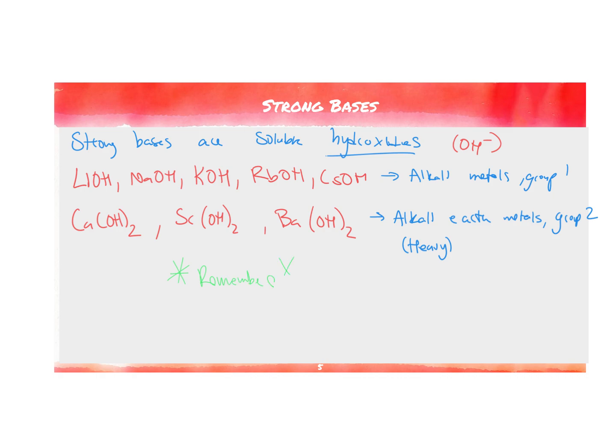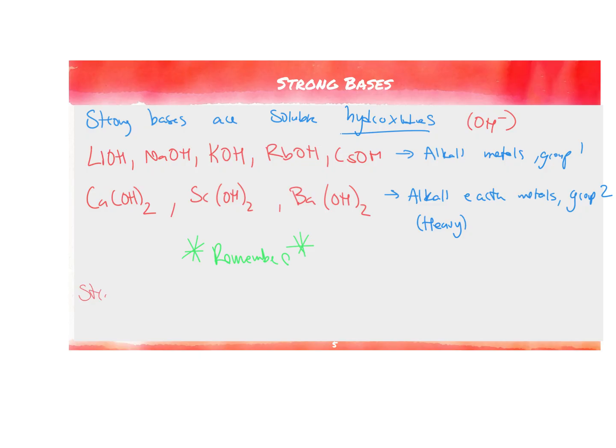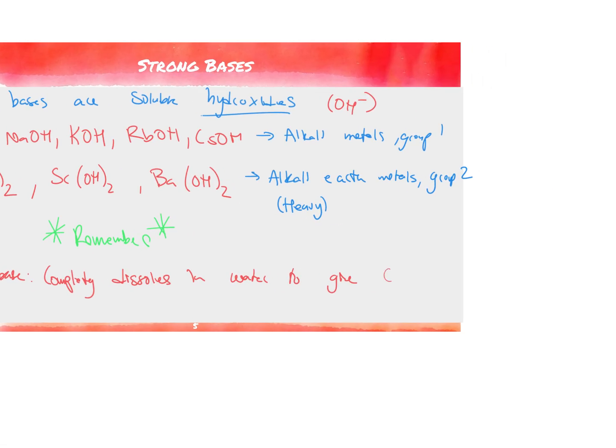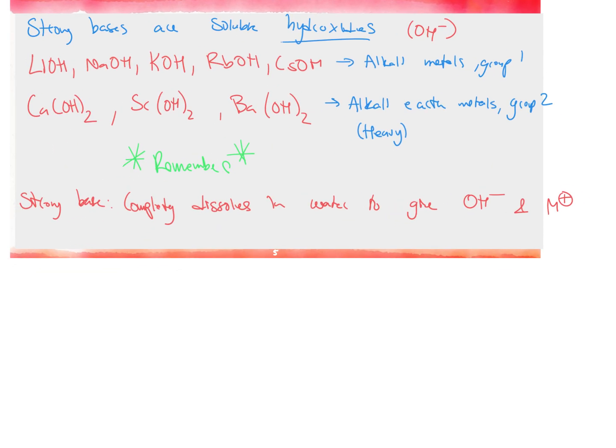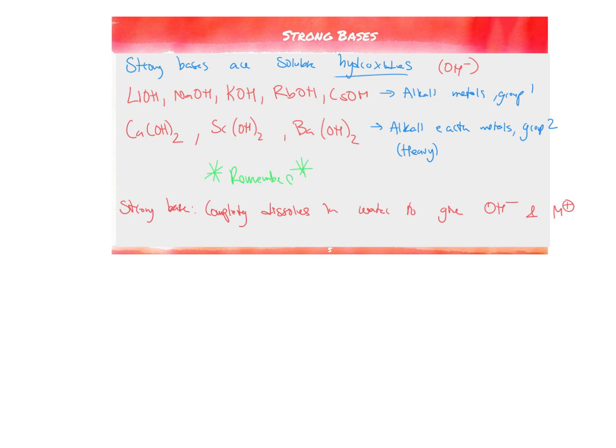Because if you're given a problem asking about whether or not something completely dissolves, then this is going to be very important. But remember, the definition here of a strong base is that it completely dissolves in water to give OH minus and whatever metal plus. So I'll write it here in terms of equations.